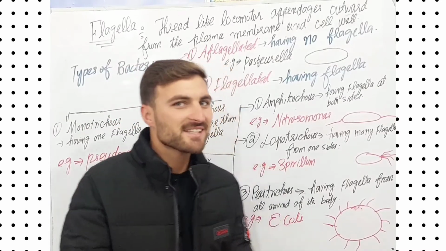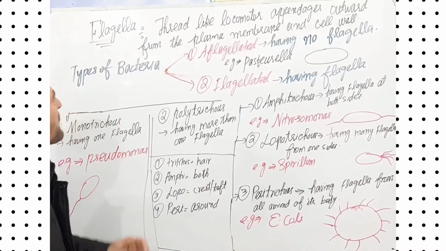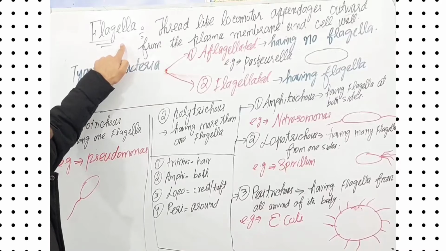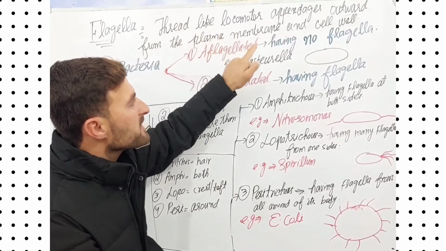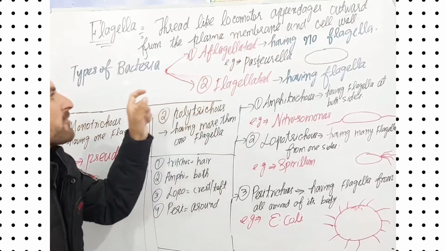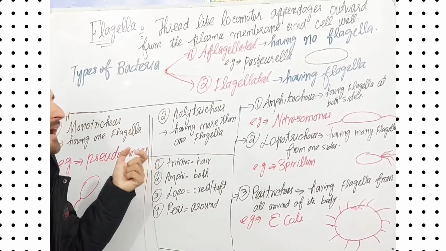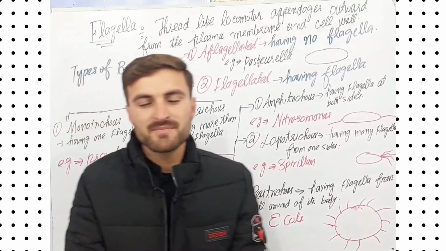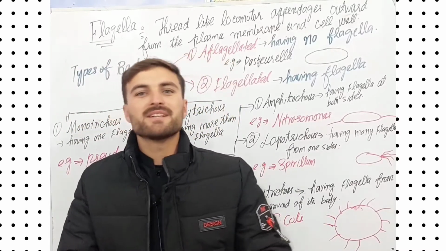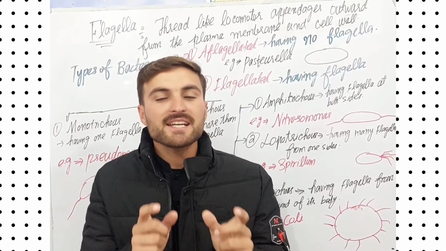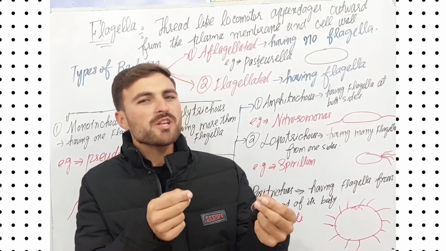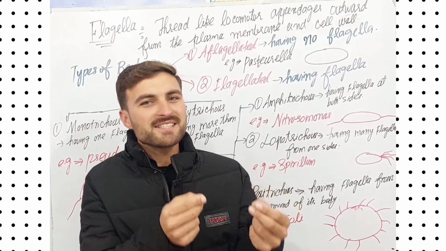Now let's discuss the flagella. I have defined them as thread-like locomotor appendages outward from the plasma membrane and cell wall. What does it mean? I have written that they are just like thread. They are very small. They are just like hair.